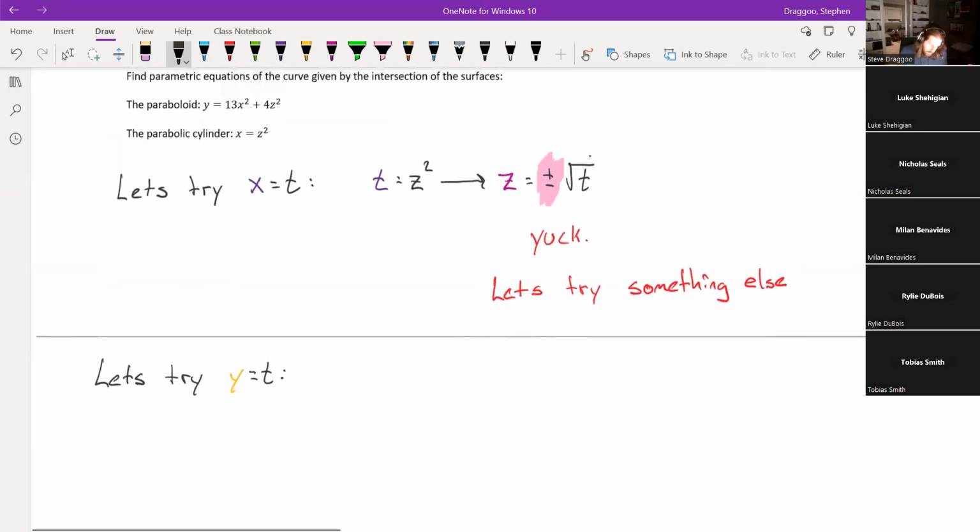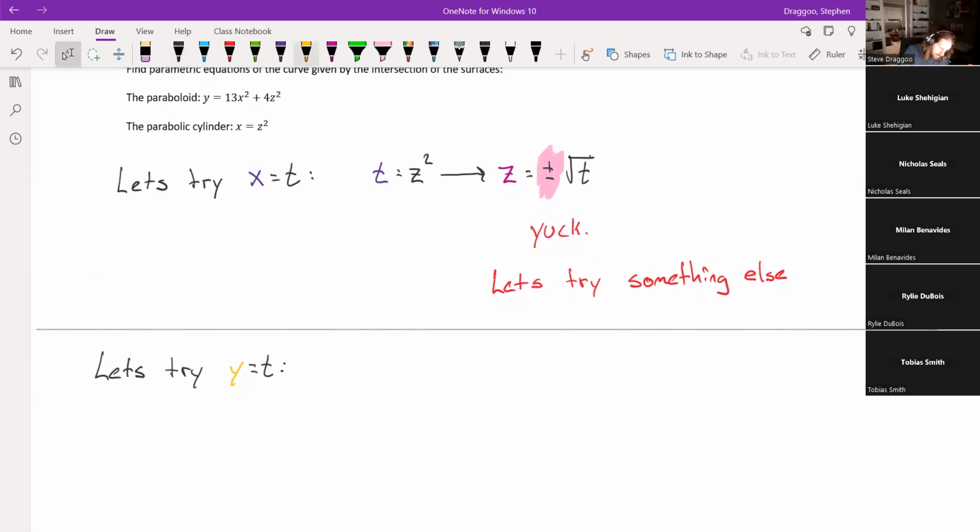I've only got one equation that's got y in it, and that was the first one. T equals 13x squared plus 4z squared, and I don't even know where to start on that.